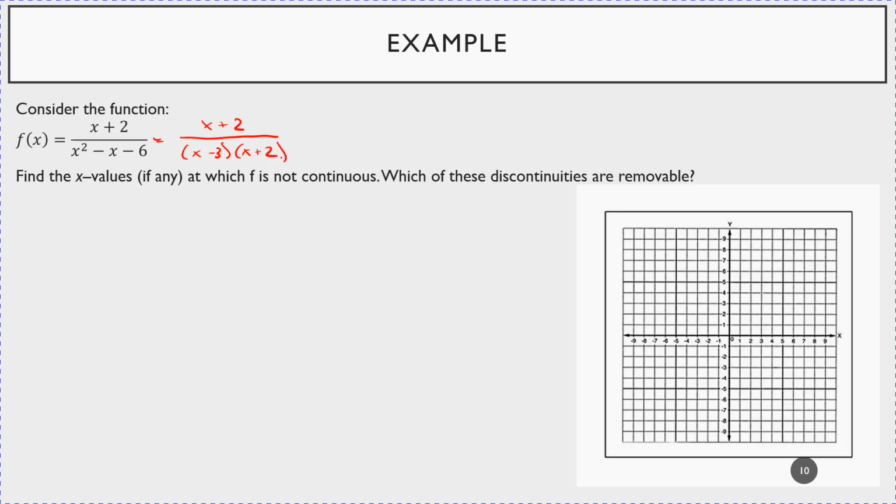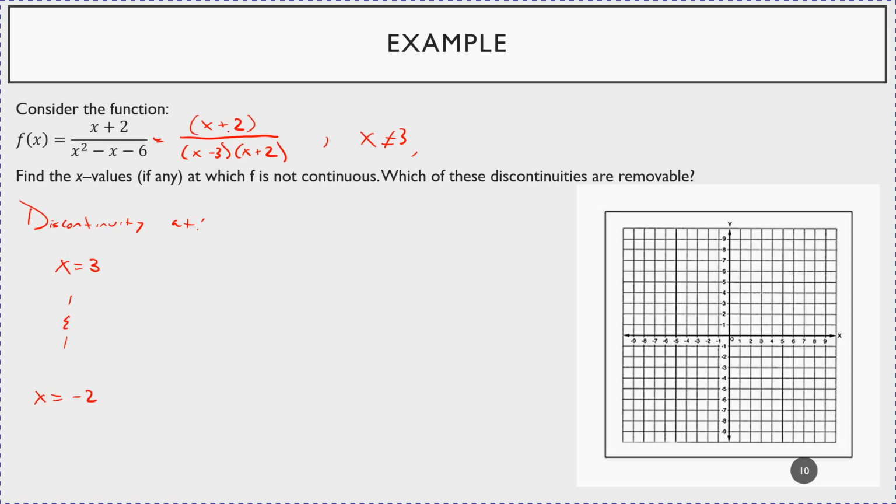So what values of x would cause a divide by 0? You cannot have x is equal to 3, because that would cause a divide by 0. And also you can't plug in a negative 2, because that would cause divide by 0.